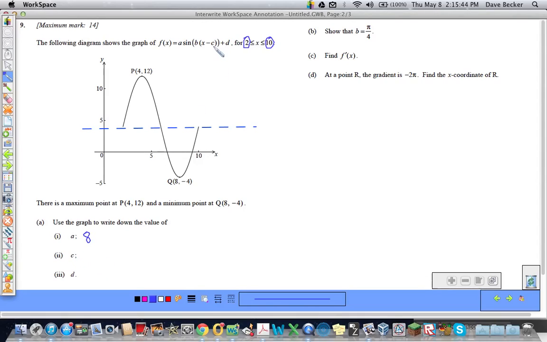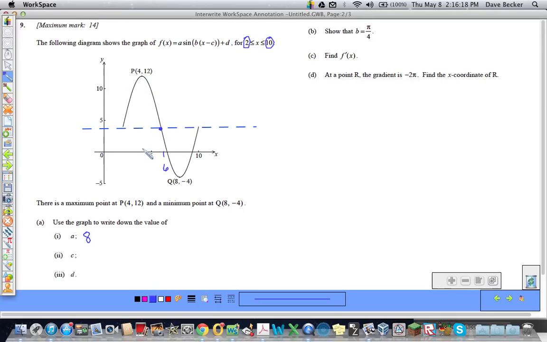C, that's the horizontal shift. So how in the world do we think about this? There's lots of ways. We're completely symmetrical with this sine curve. If you look at the x-coordinates, I have an x-coordinate of 4 and an x-coordinate of 8. This x-coordinate is going to be 6. From 4 to 6 is 2, and from here to here is also 2.